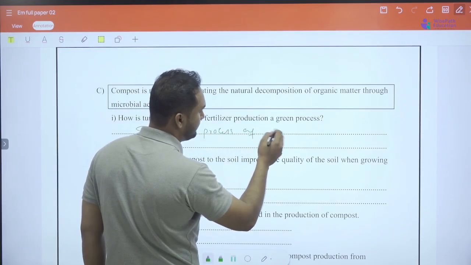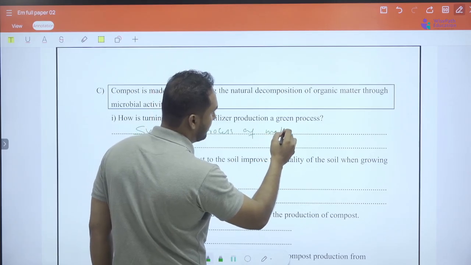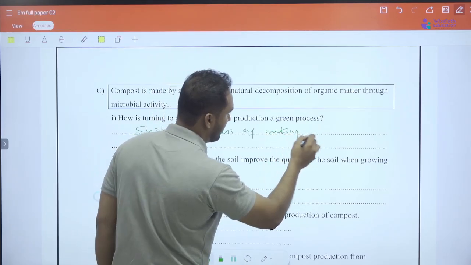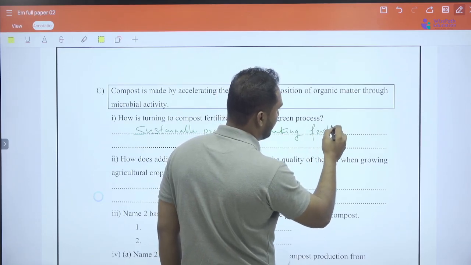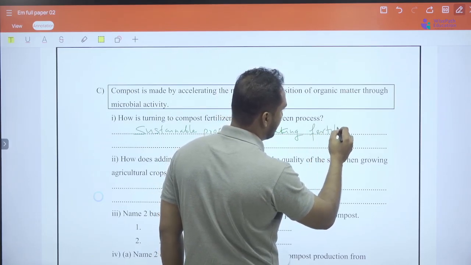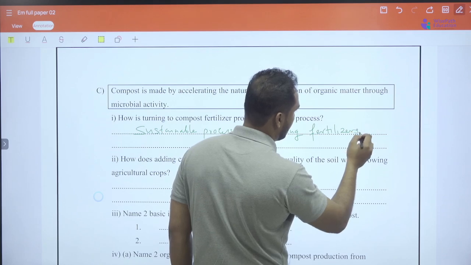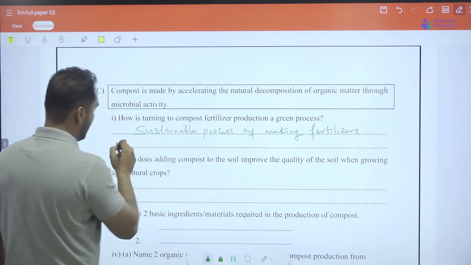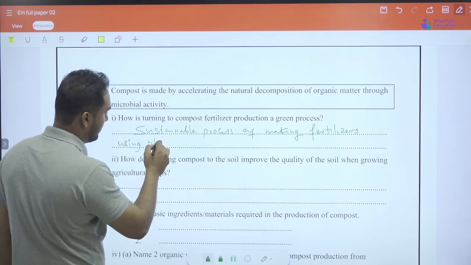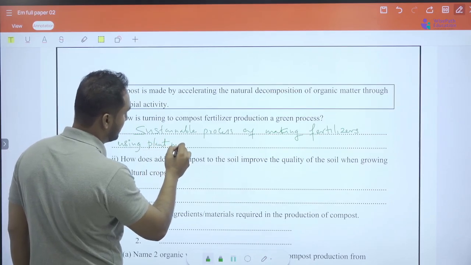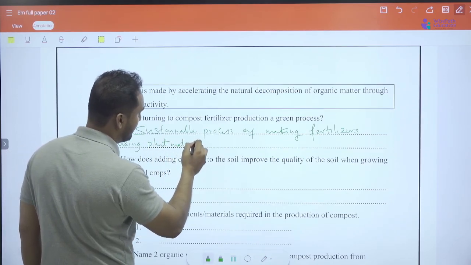Process of making fertilizer using plant materials. Now the main thing is the plant materials, no?